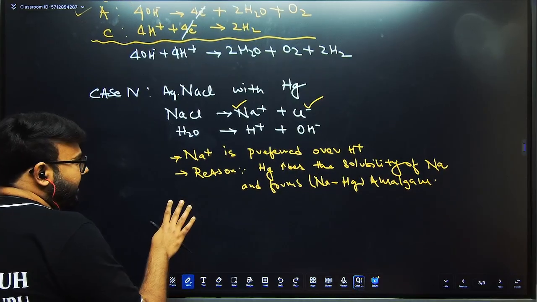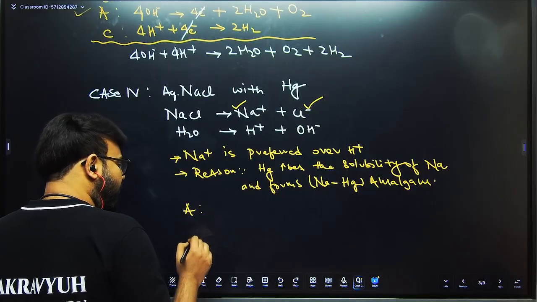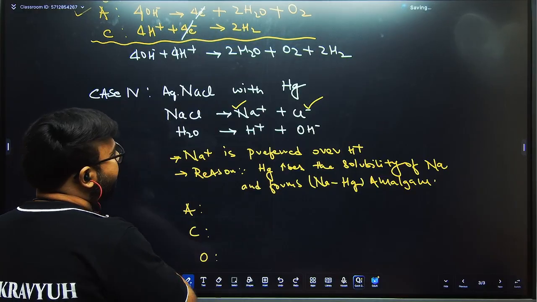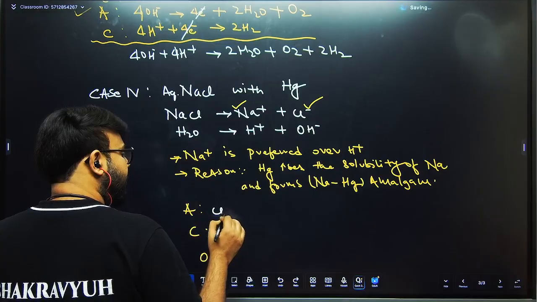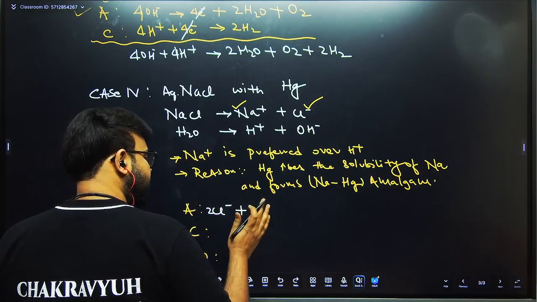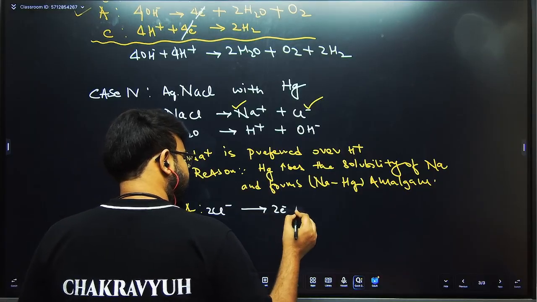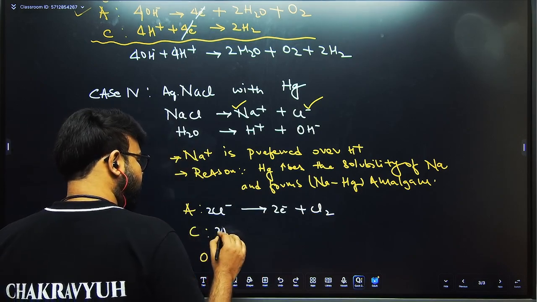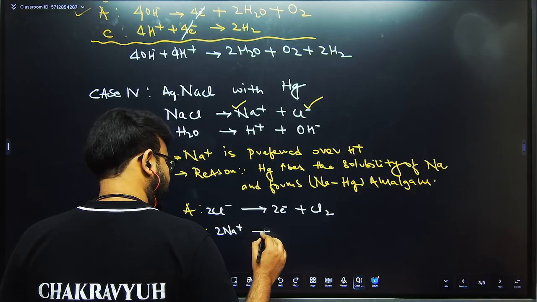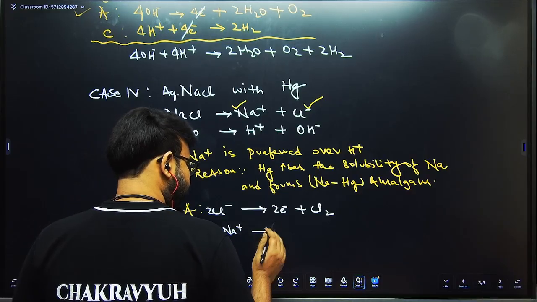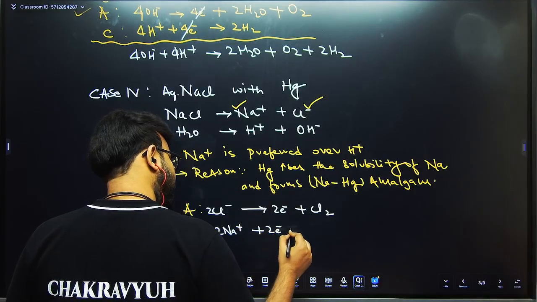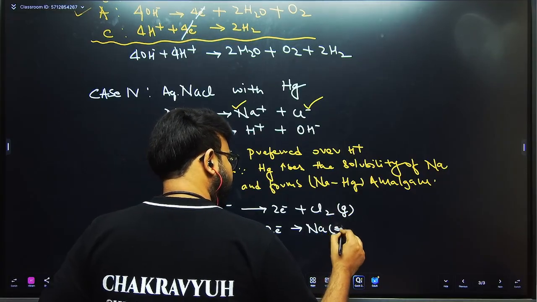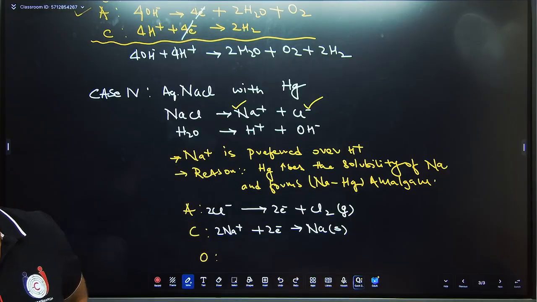So how do you write the final reaction? At anode, what do you write? At cathode, what do you write? At overall, you write. So guys, you will be writing here as expected. In cathode you have, take a note of this.